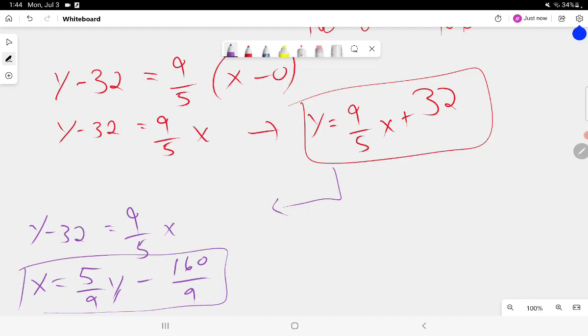So those are our two equations that allow us to convert. This one converts from Celsius to Fahrenheit because we just substitute in for x, and this one allows us, if we substitute in for y, to convert from Fahrenheit to Celsius.